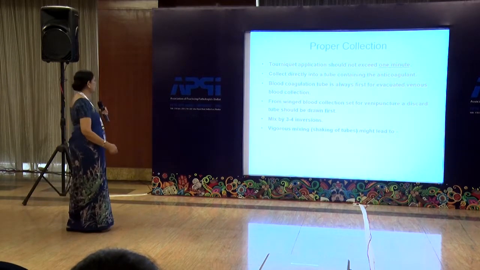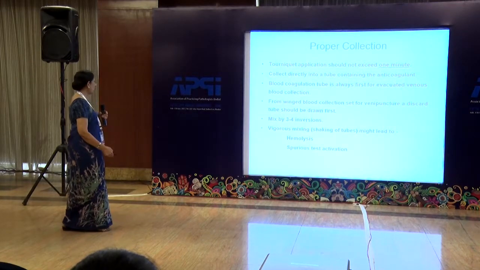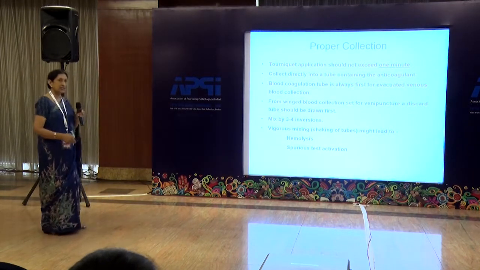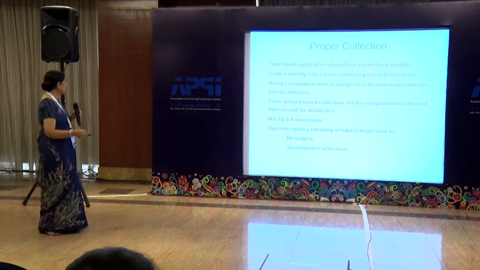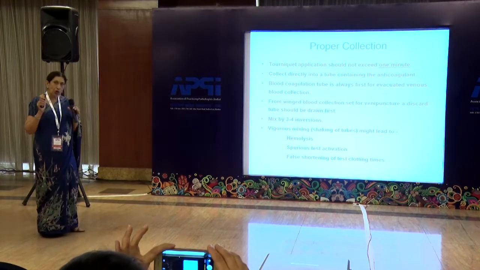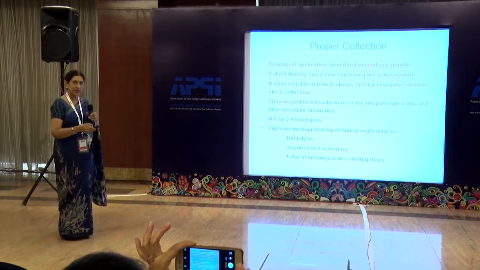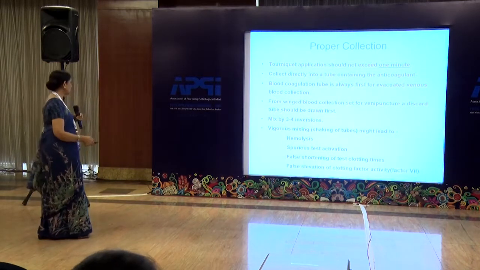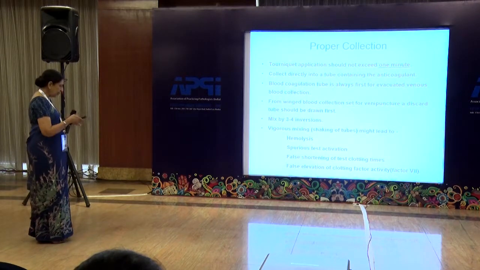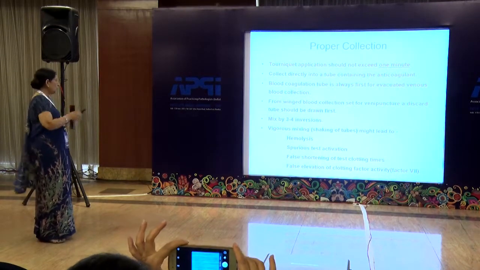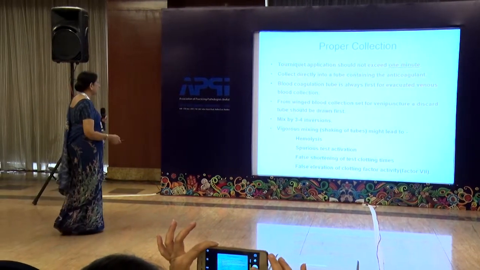Vigorous shaking is to be avoided, which can lead to hemolysis, spurious test results or factor activation, and false shortening of the test. You may get a normal test in deficient, mildly deficient patients. False elevation can occur in the cold activation of factor 7.